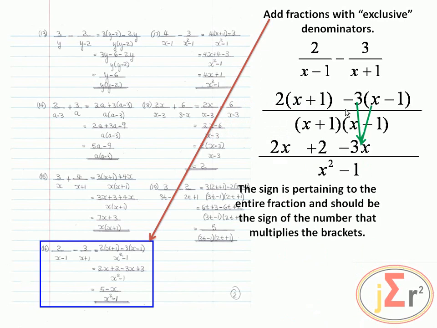Do not forget that not only is the 3 to be distributed inside of this bracket to the negative 1, but the sign also has to be carried. So negative times negative is positive. So we have a positive 3 there.